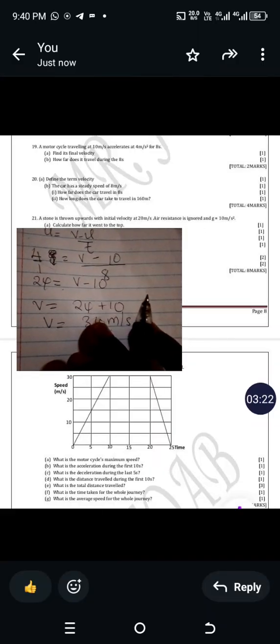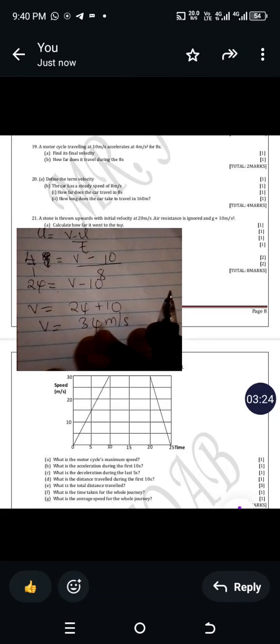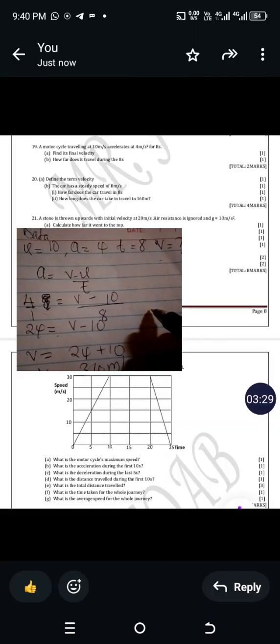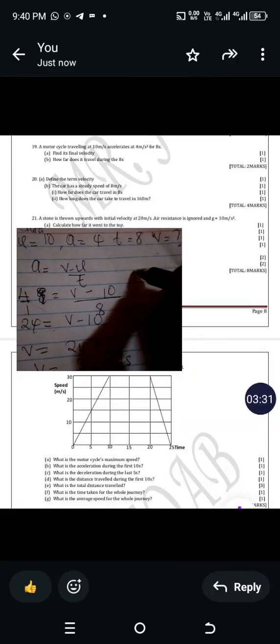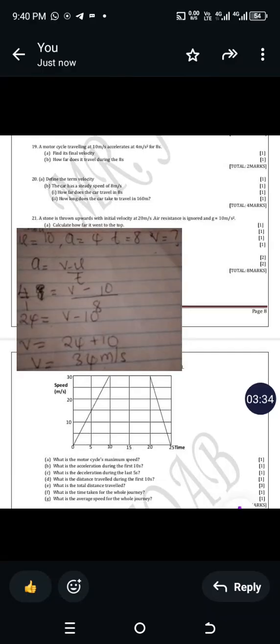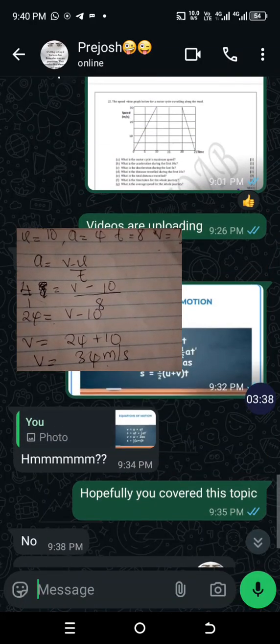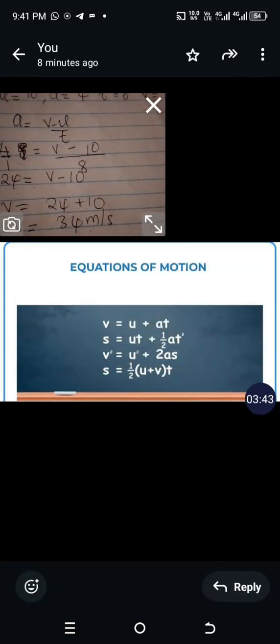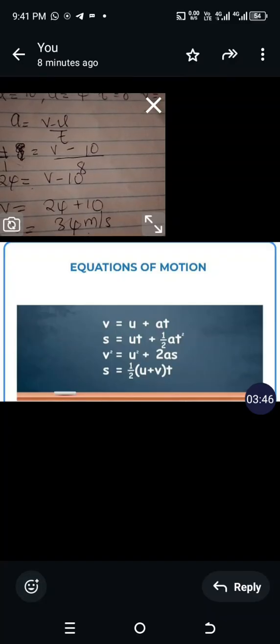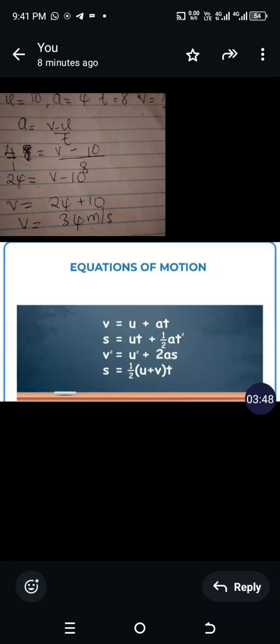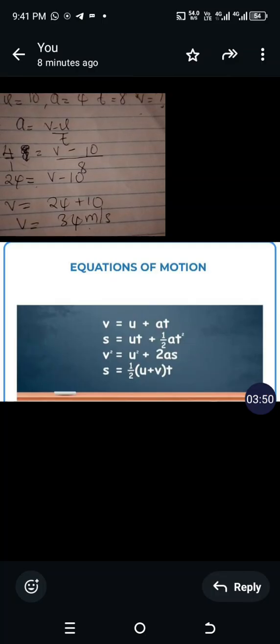And then how far does it travel during the 8 seconds? So how far, just know it's distance. So when we look at our equations of motion, the first equation, that's velocity.